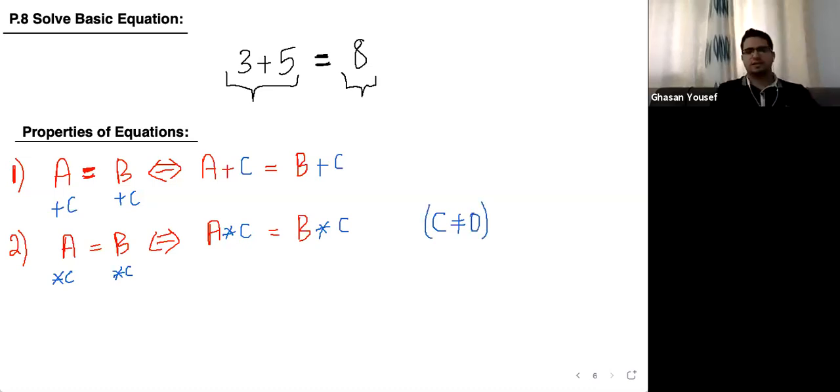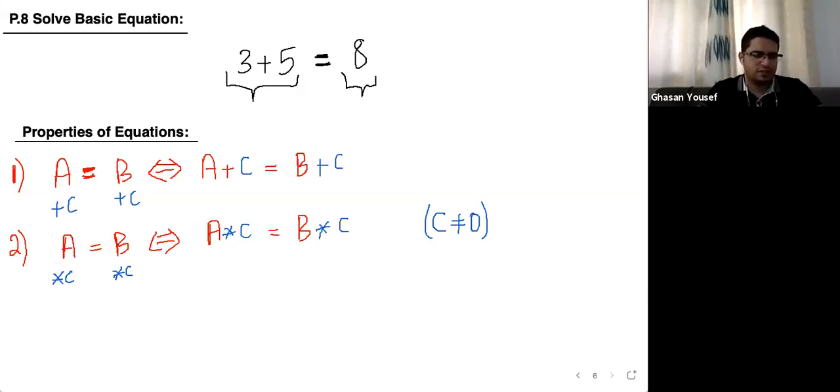Here C is not equal to 0, because if it's equal to 0, it will not be correct. It will not be an equation.